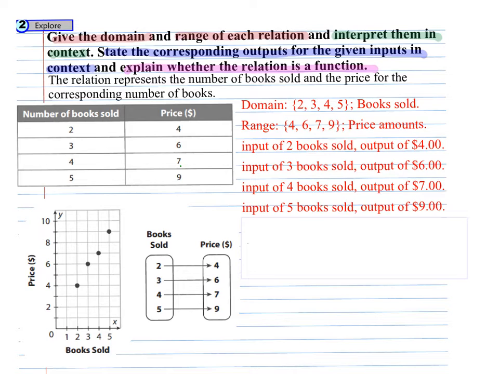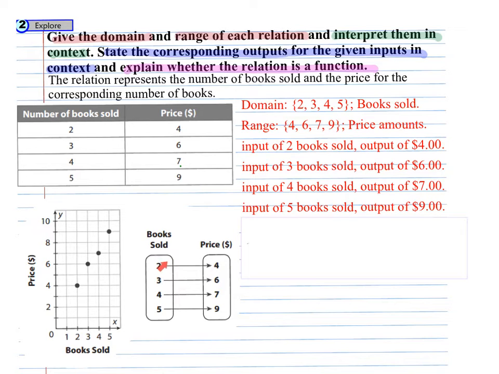If everything on the left side goes to exactly one thing on the right side, then it's a function. It would not be a function if, let's say, that 2 went to 4 and 6. This wouldn't work because that means when I plug in 2, not only does it give me 4, but it gives me 6. That means it's not a function.